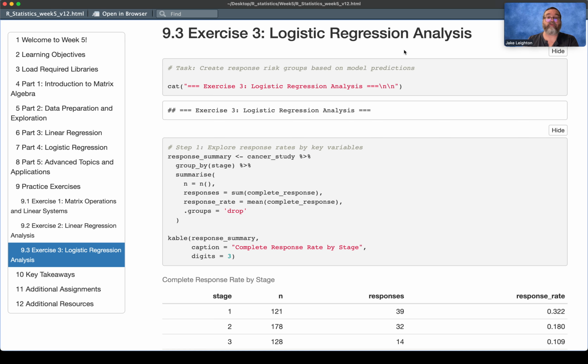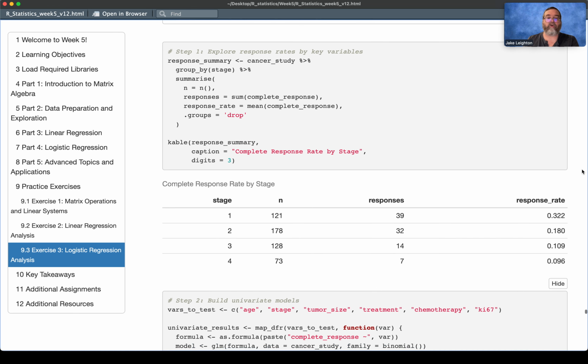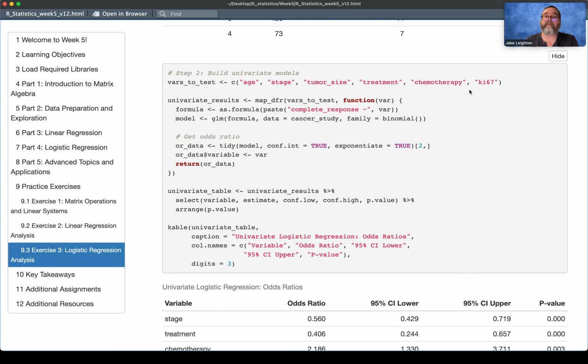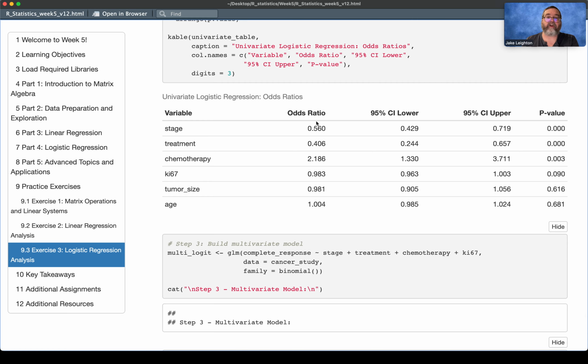Okay, so finally, let's do one more logistic regression and create some risk groups at the end based on our predictions. We're going to stratify by stage, and we're seeing it's a pretty good distribution except in the highs of our responses. Let's build a univariate model for each one and look at the results from the odds ratio. Looking at each one by itself, we see pretty good results.